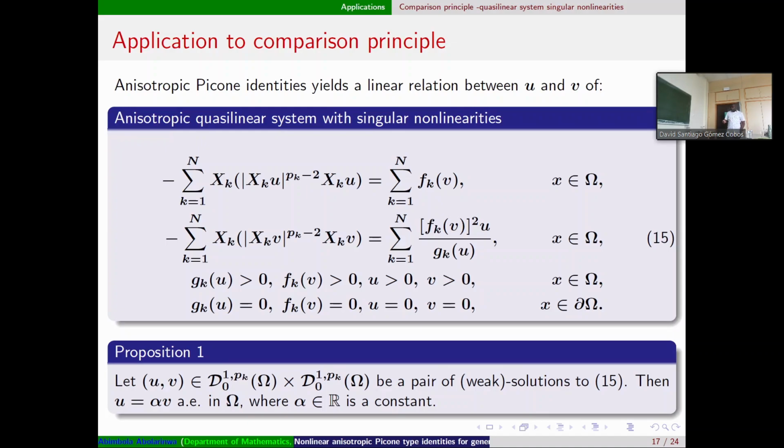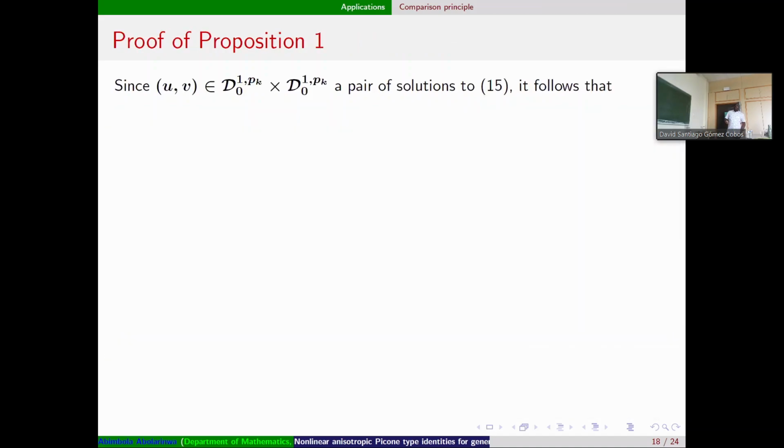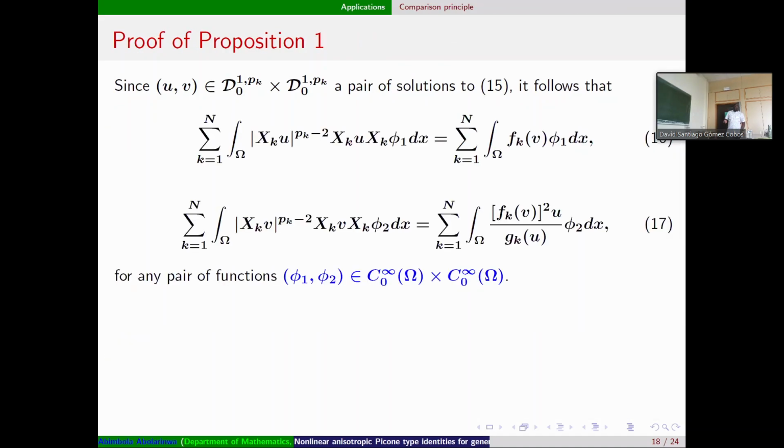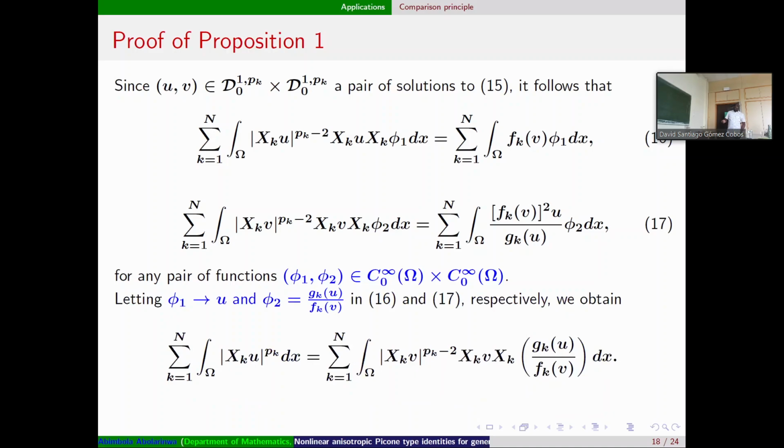Let me just summarize the proof here. Since you have u and v as solutions from this pair, go by this definition of solutions. You have this equation 16, and you have this equation 17, taking phi 1 and phi 2 from this space. So if you allow phi 1 to be u and phi 2 to be GK of u, these are functions, as we defined, that are continuous.